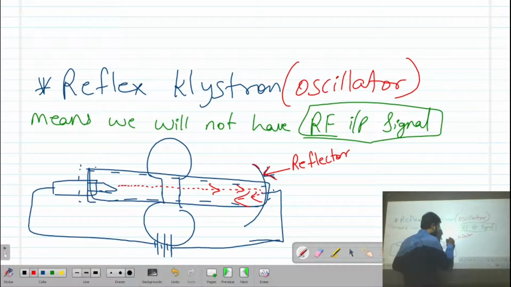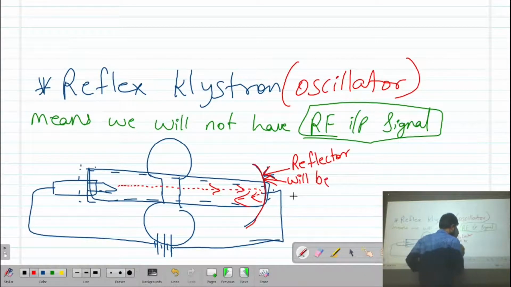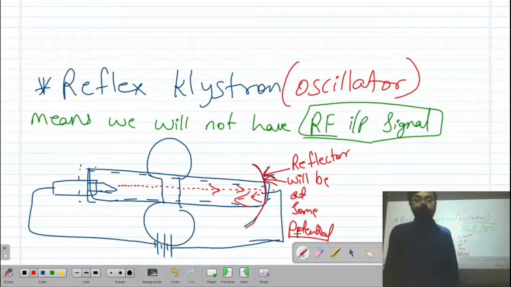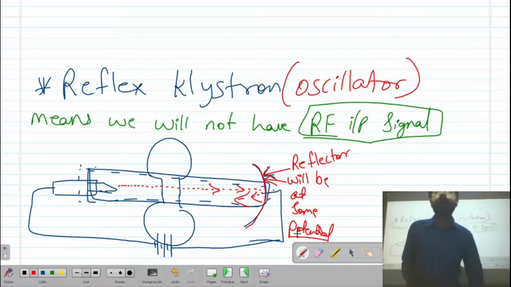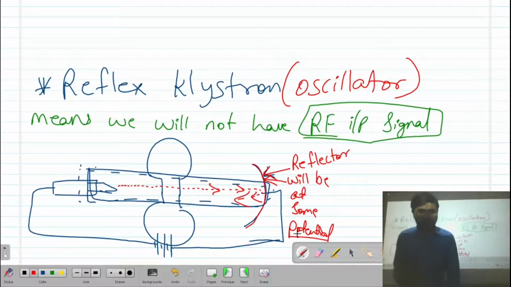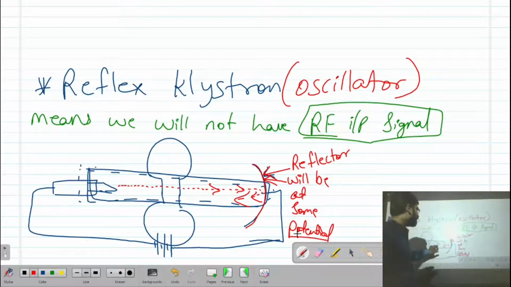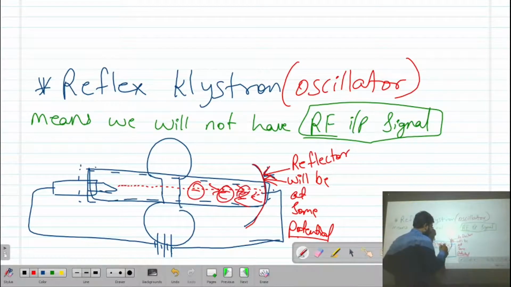This reflector will be at some potential, and definitely it is going to be a negative potential, so that the negative electrons are going to be repelled. So this is the general discussion of that.